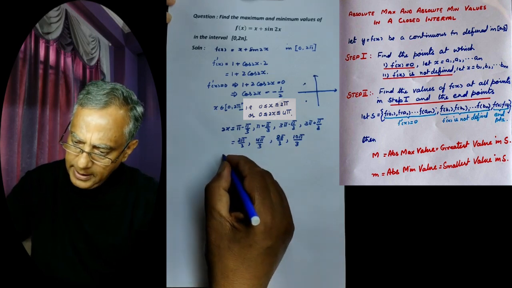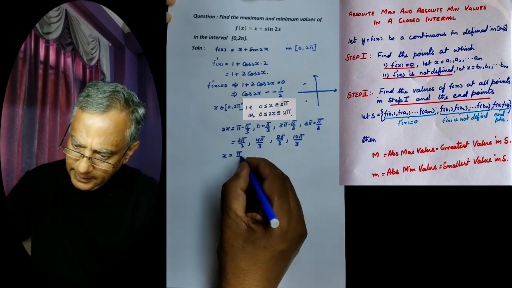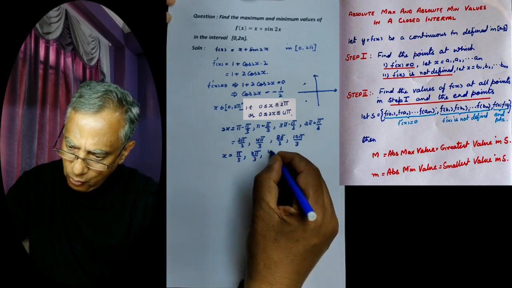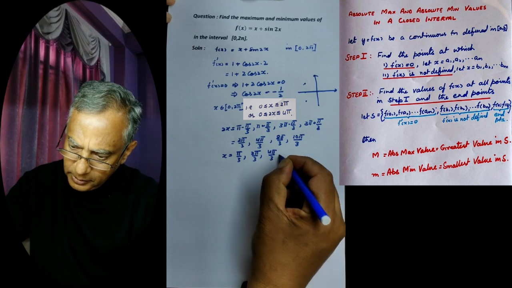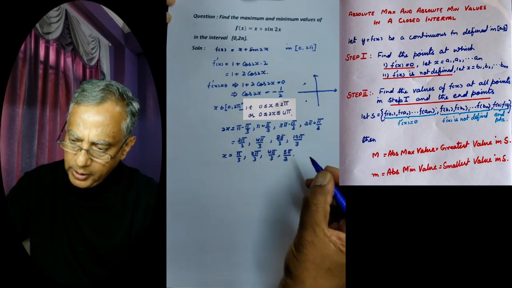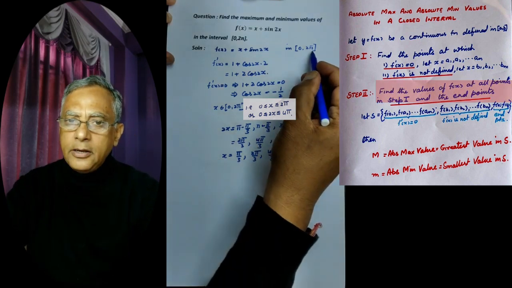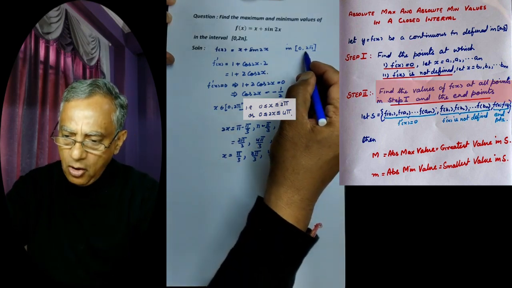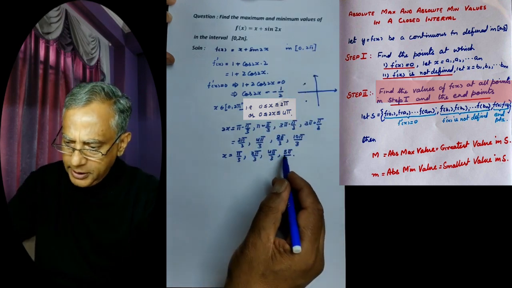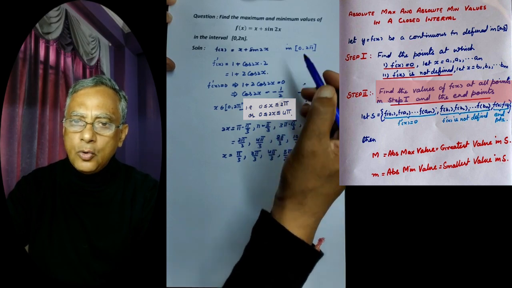And therefore x is equal to pi by 3, 2 pi by 3, 4 pi by 3 and 5 pi by 3. And the end points are 0 and 2 pi. So what we now do is we find the value of f(x) at all these points and at the end points 0 and 2 pi.